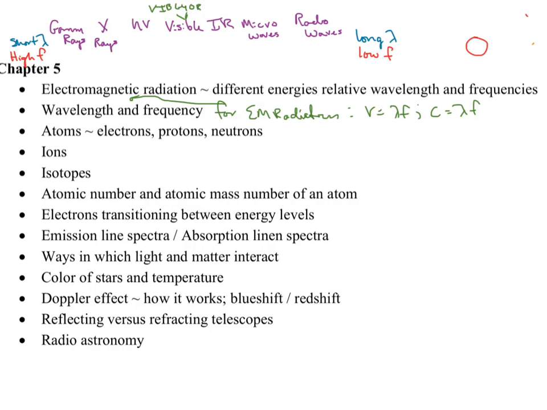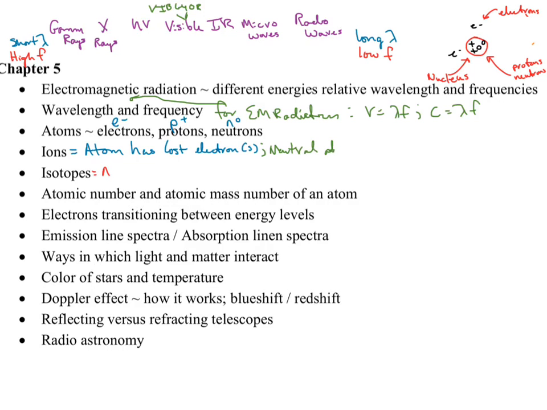Then the next several go together: atoms, ions, and isotopes. So here's a picture of an atom. That's the nucleus, and in the nucleus we have protons and neutrons. And then we have electrons outside the nucleus. An ion is an atom that has lost or gained electrons.